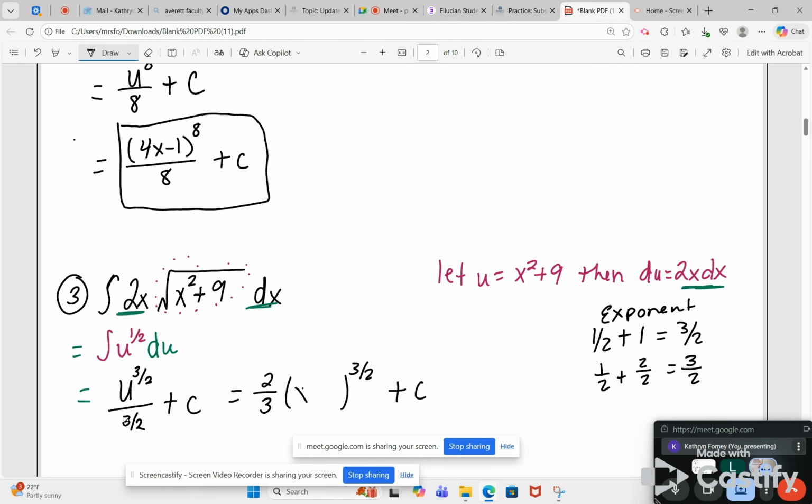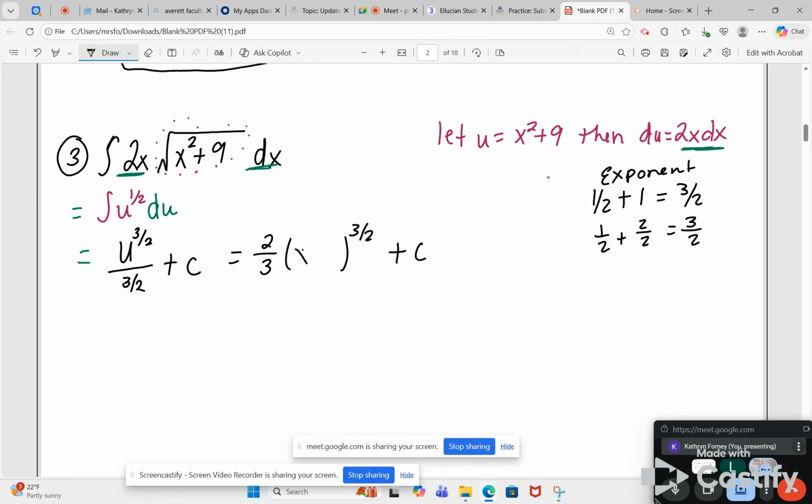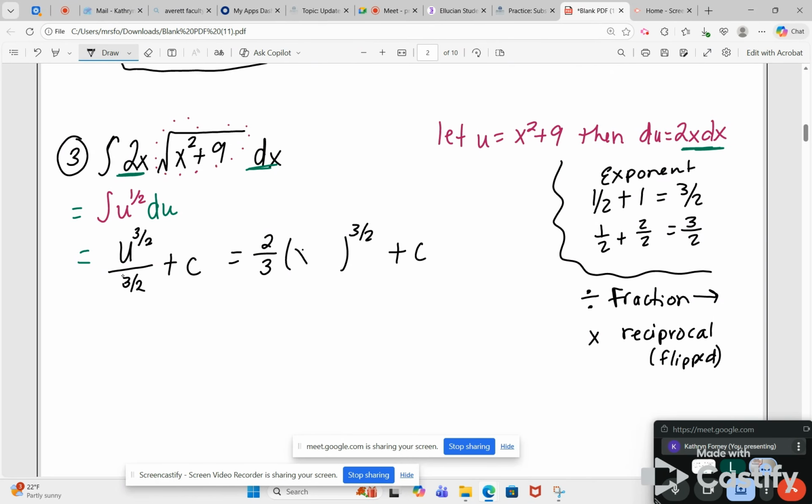And so, do you understand how this divided by 3/2 became 2/3? When you divide by a fraction, you multiply by the flipped fraction, the reciprocal.